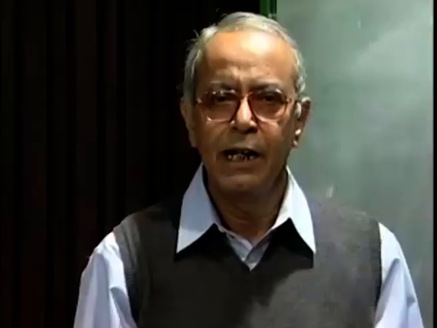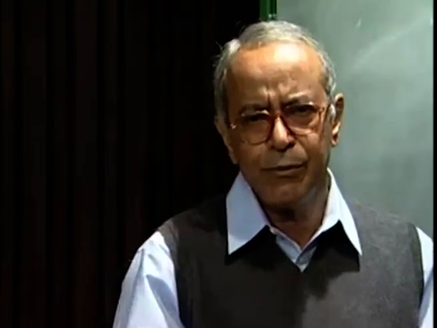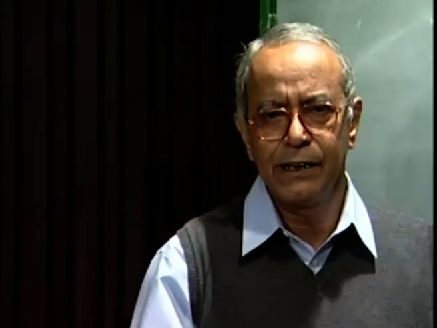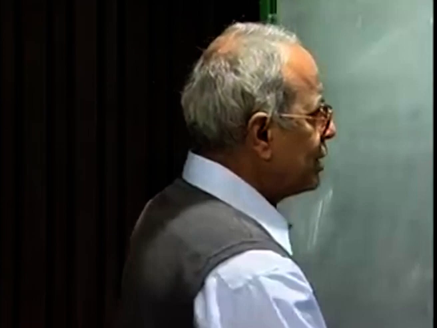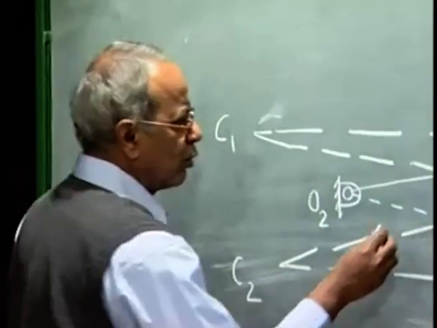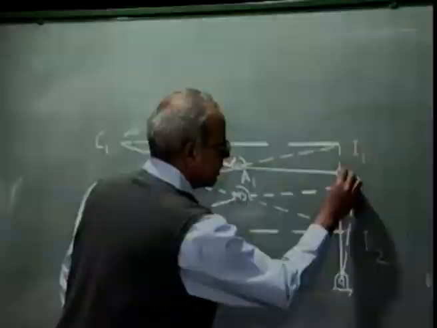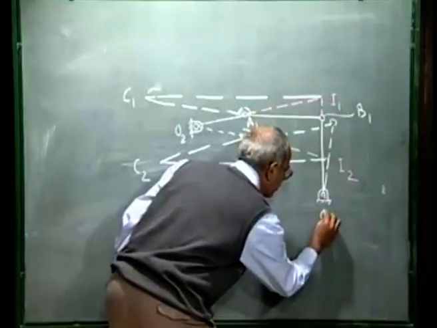Let me now discuss a methodology such that I can determine a suitable coupler point in a 4R linkage to, for example, generate a vertical straight line. What we do, we start with a 4R linkage, say O2, A1, B1, O4.